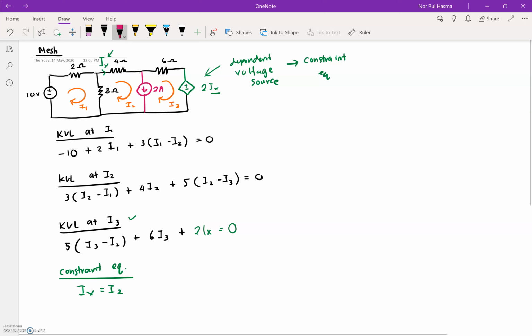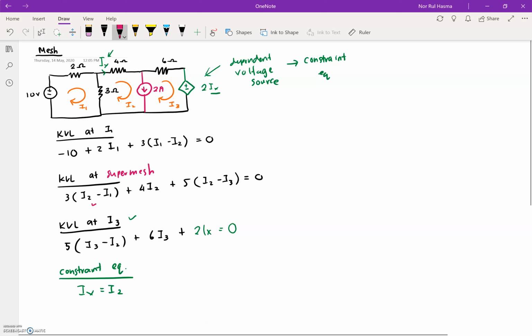it's the same equation, but for the second loop, there will be slight changes because you have to combine the equations of loop I2 and loop I3. So KVL at the super mesh.